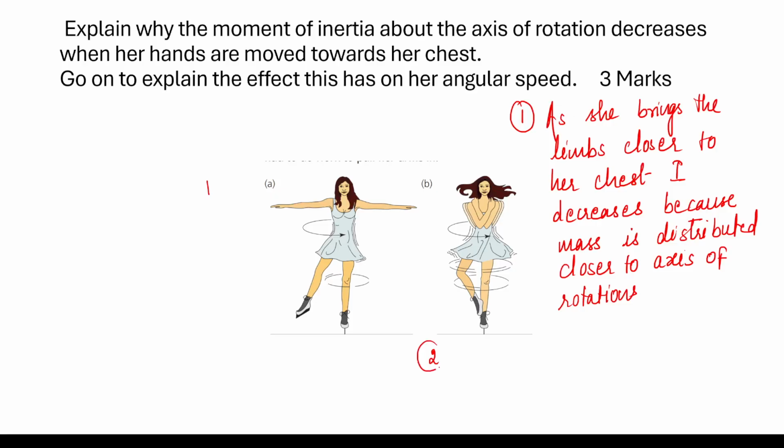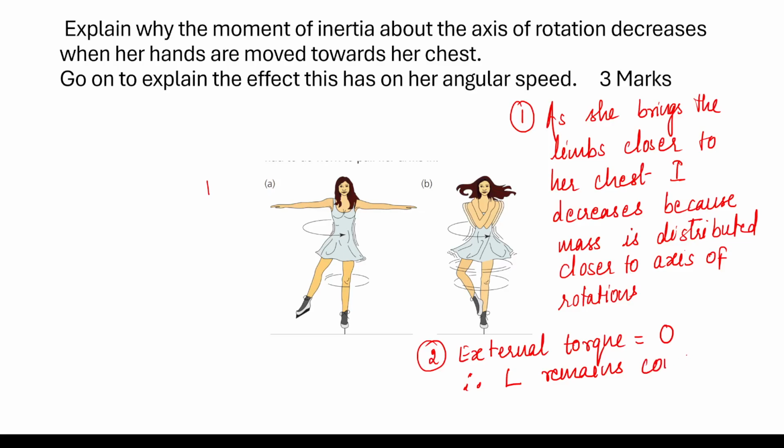Point number 2. Now, because there's no external torque acting, okay, external torque is 0. Therefore, angular momentum remains constant.